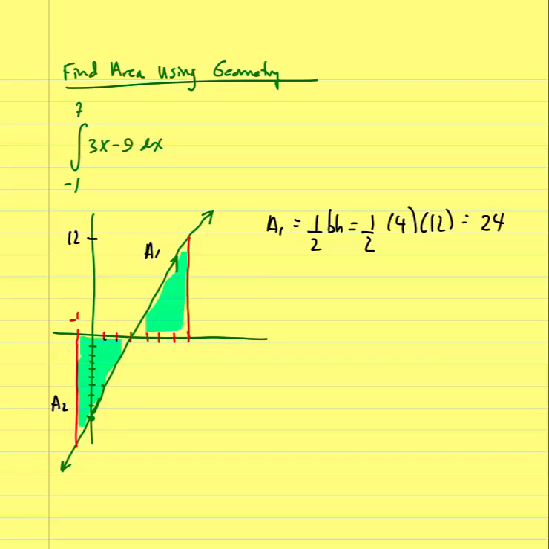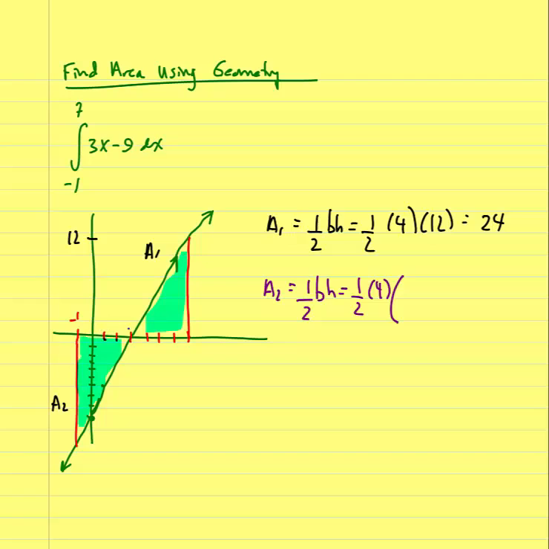Okay, let's go ahead and look at area 2. So again, this is looking at our shapes geometrically. This is 1/2 base times height. Now our base here would be 4 units. And then our height we could get by plugging in -1 into this value. So 3 times -1 is -3. -3 minus 9 is -12.